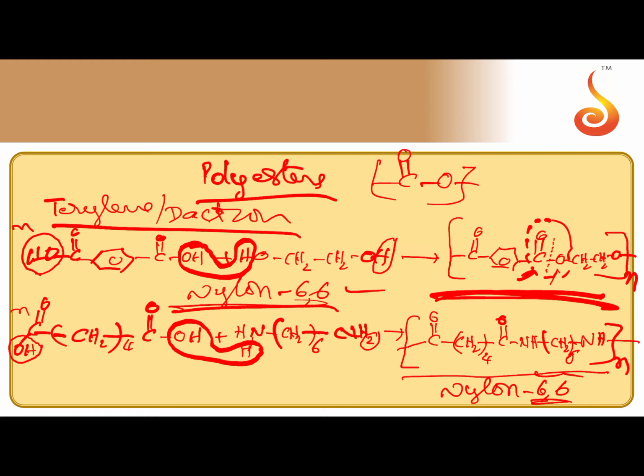Same process when a polyamide is given: break the CN bond, OH is attached to the CO carbon and H is attached to NH. So children, these are all memory-based chapters, just go through the synopsis as many times as possible.